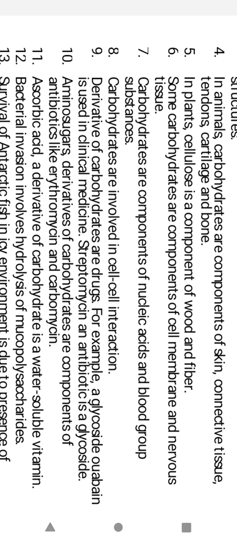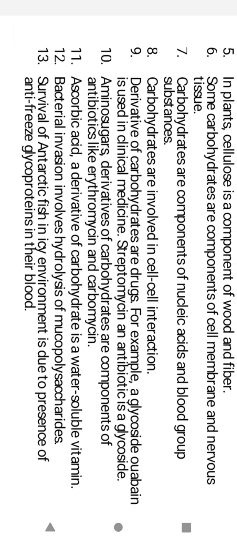Some derivatives of carbohydrates are used in drugs. Glycosides are used in clinical medicine, and streptomycin, an antibiotic, is a glycoside. Amino sugar derivatives of carbohydrates are components of antibiotics like erythromycin and carbamazepine. Ascorbic acid, a derivative of carbohydrate, is a water-soluble vitamin. Bacterial invasion involves hydrolysis of mucopolysaccharide.